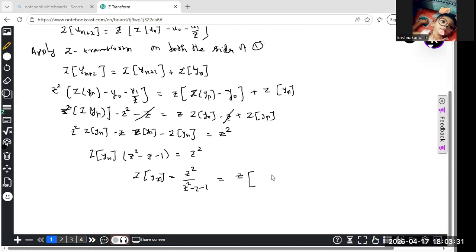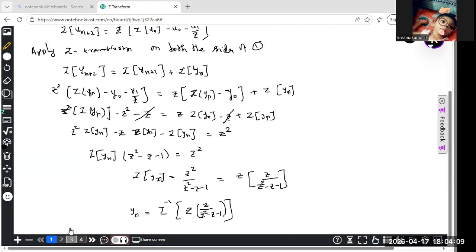So this is numerator z, and the remaining term is z by z square minus z minus 1. So now yn is the solution. This will be equal to the inverse z transform of z into z by z square minus z minus 1. So you have to take the partial fraction for this function.